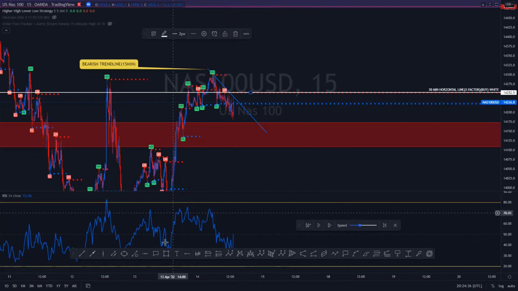Now, the next lowest point I see here is this point here. But prices, well, let me back up. The next lowest point I see to where price last hit as far as support is right down here.